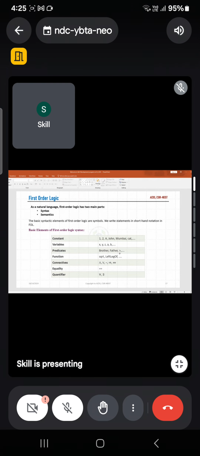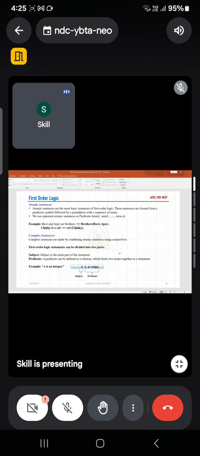So now the atomic sentences. Atomic sentences are the most basic sentences of first order logic. They are sentences formed from a predicate symbol followed by a parenthesis with a sequence of terms.